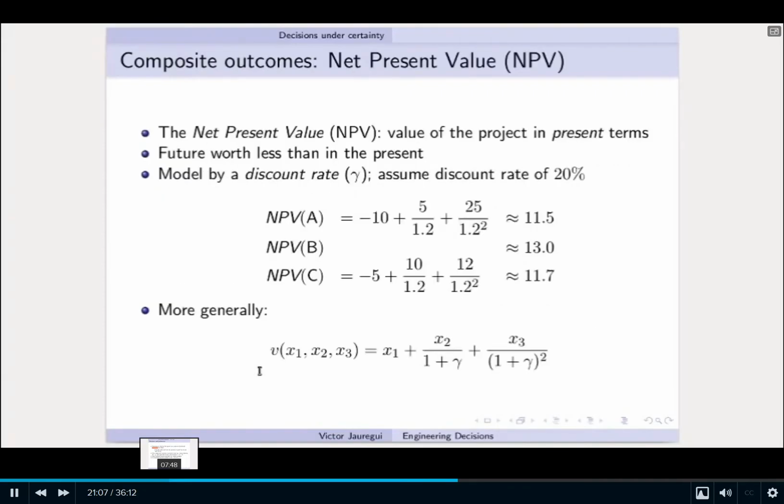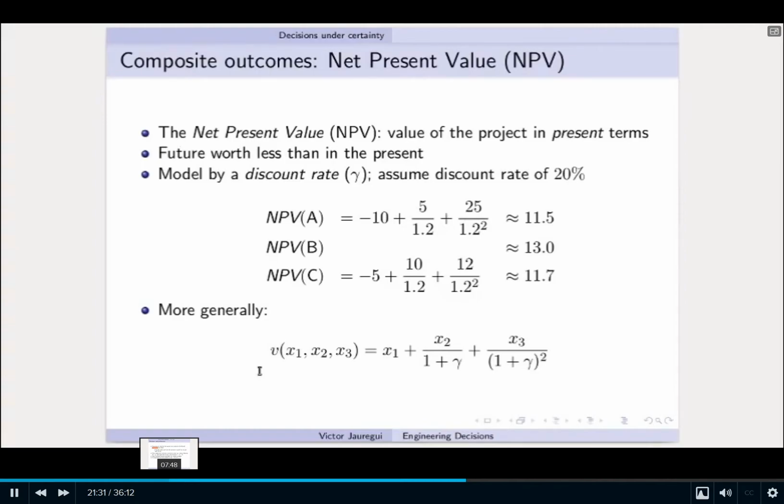Now, there are means to take into account cash flows over many years. These are techniques that are used more so in finance and accounting. This isn't, of course, about finance and accounting, so we're not going to spend a great deal of time, but it is worthwhile having a look at one way in which these things are done.